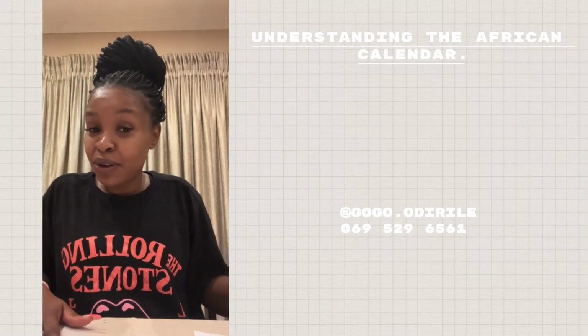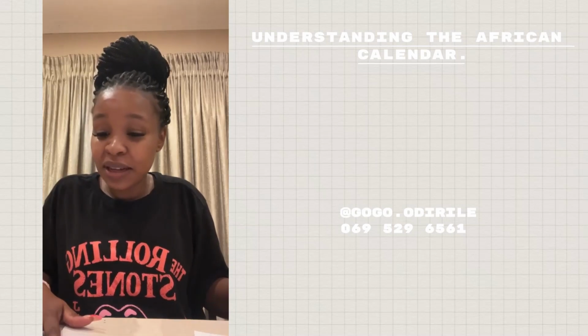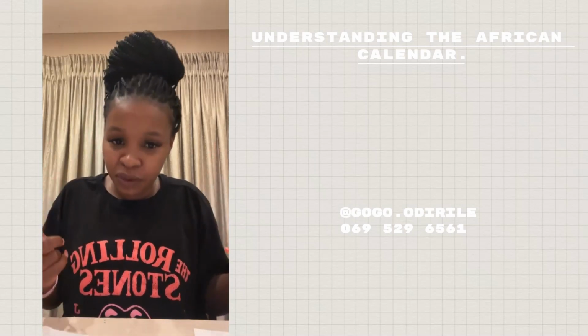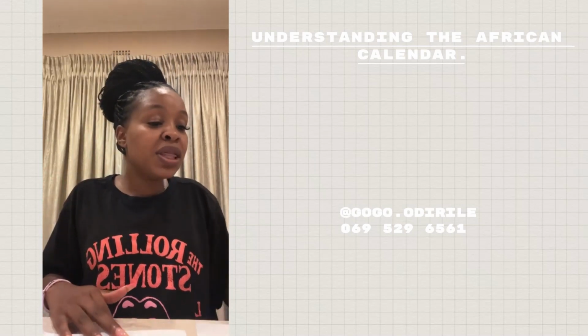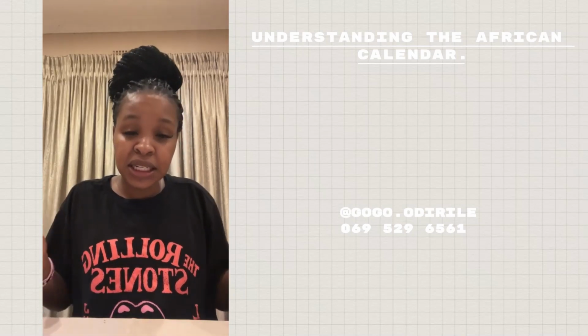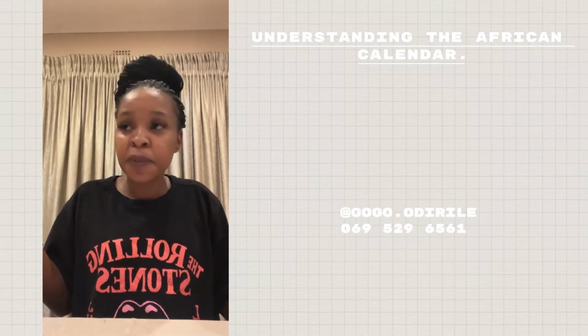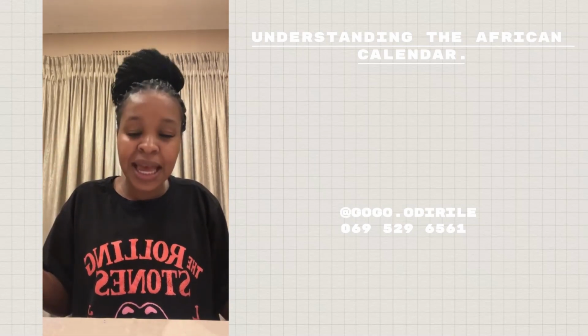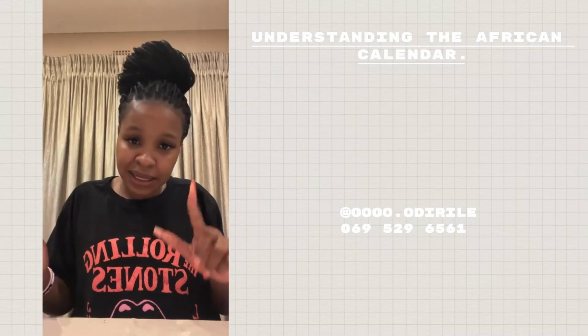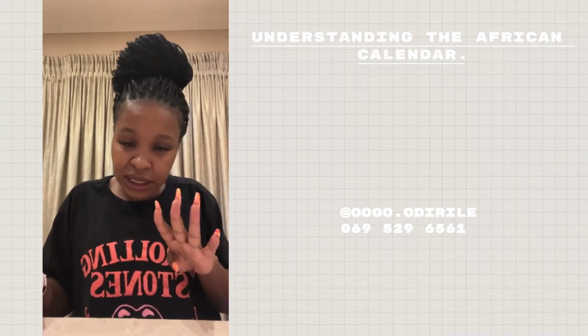I feel like I've confused a lot of people. I've confused myself, but I will break it down and we'll go further. So with that having been said, the calendar that we're traditionally using, the Western calendar, has 12 months and 4 seasons.